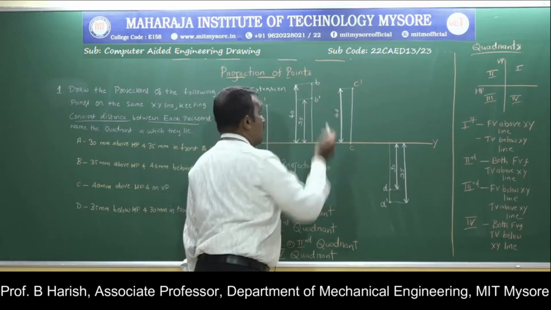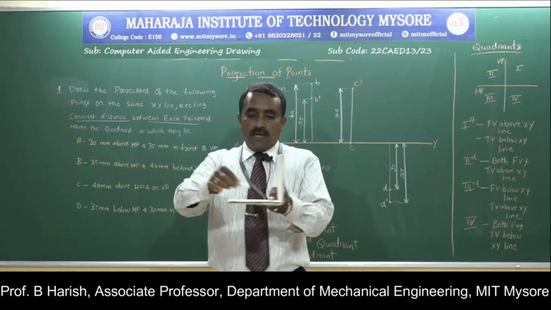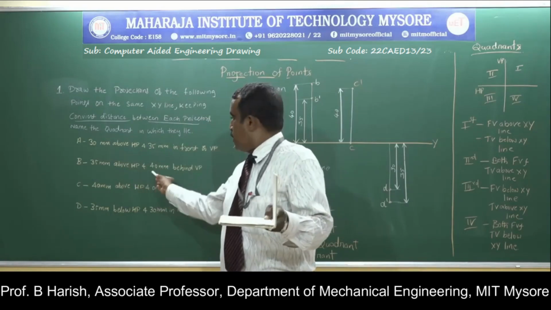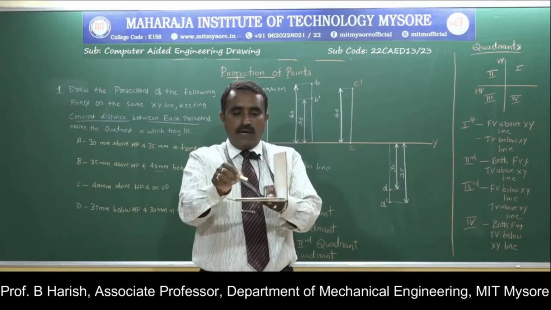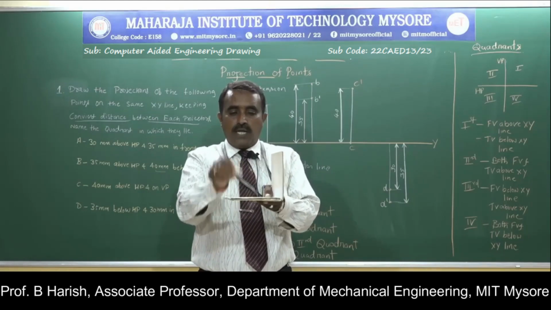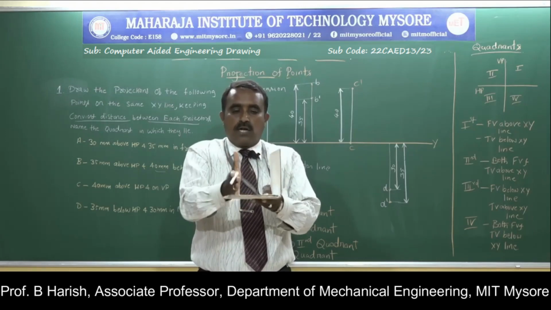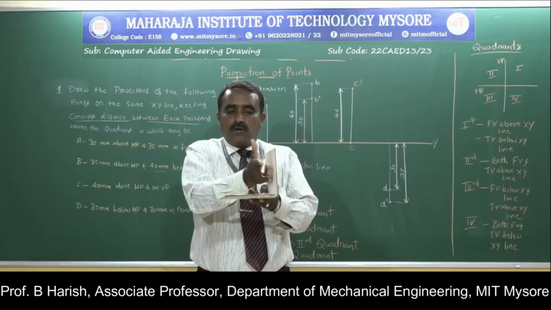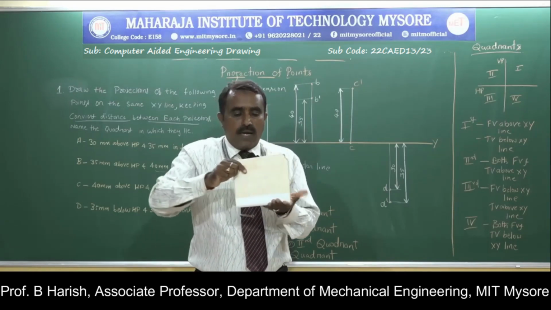Then, as you observe from the given problem, 35 mm above HP and 40 mm behind VP. So this is 35, and this is behind VP. This 40 mm behind VP will correspond to your horizontal plane. The part above will correspond to your vertical plane. So when you rotate it, you get this XY line.